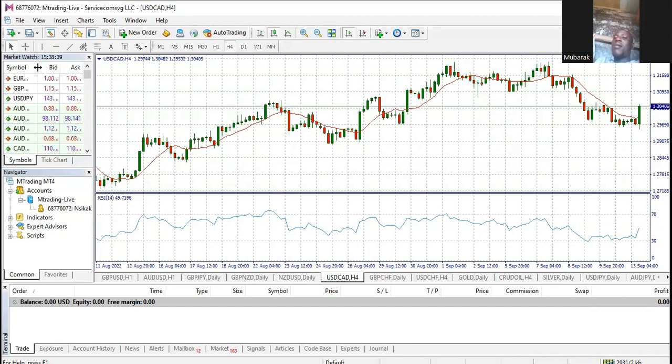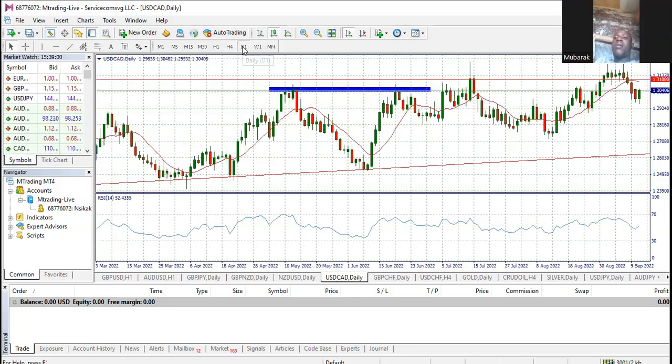Let's mark that. Not far away though. Could buy till around here, then sell from there. Yes, USD CAD will buy till here, till this red horizontal line, before it starts selling again.